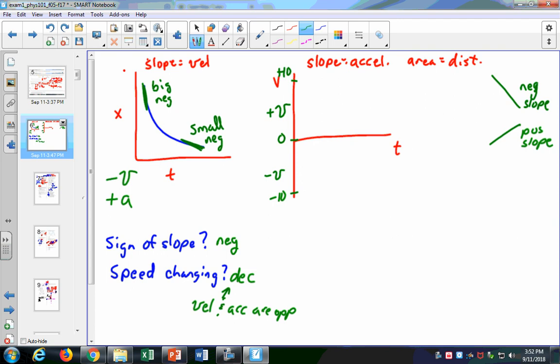Where am I going to start? I have big negative velocity over here. In the first or fourth quadrant? The fourth quadrant. Am I going to be up here close to the origin or down here? Down there, where it's big and negative. So this graph would look like this. It would start right here, and then it would get smaller, but still negative. Like that.